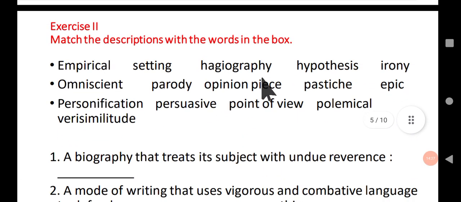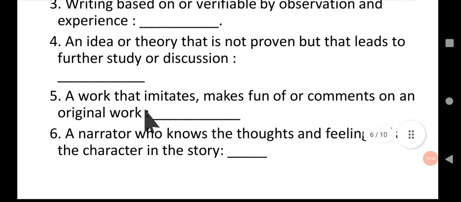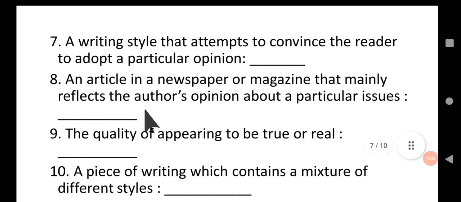Seventh one, here you have to go with persuasive, persuasive writing or persuasive style. Next, when we move to the eighth one, this is opinion piece. An article in a newspaper or magazine that mainly reflects only the author's opinion about any particular issue. That is called as opinion piece. Whatever your opinion is, you give that opinion. So that is opinion piece.